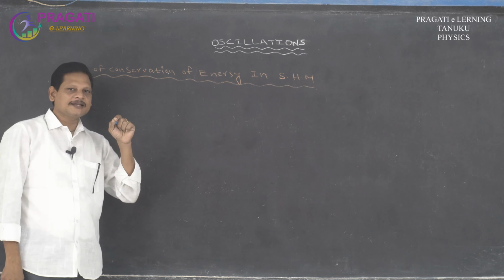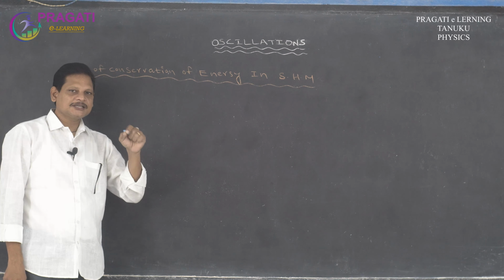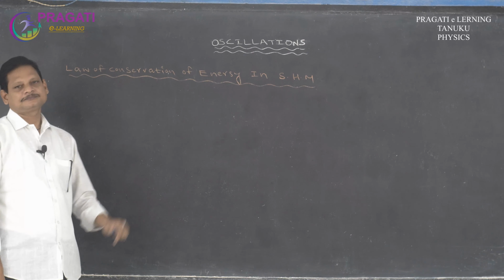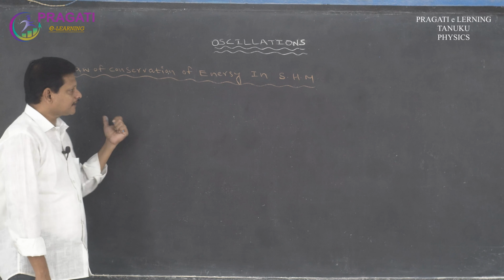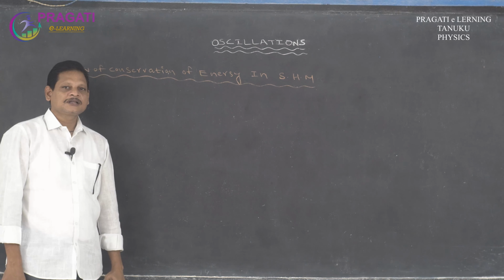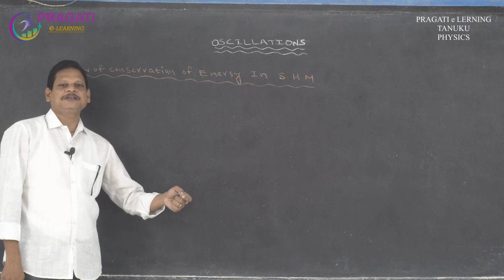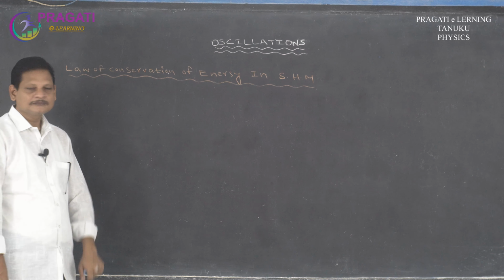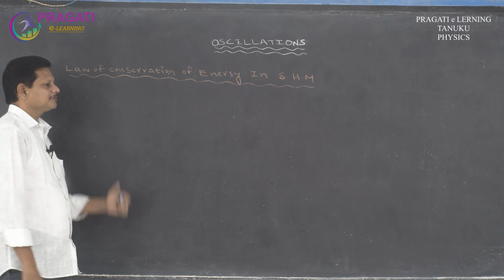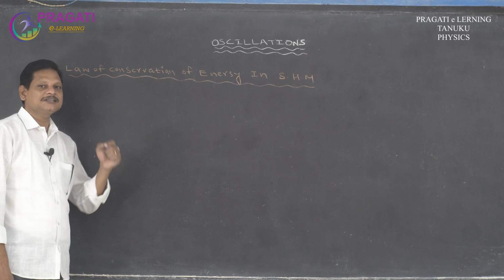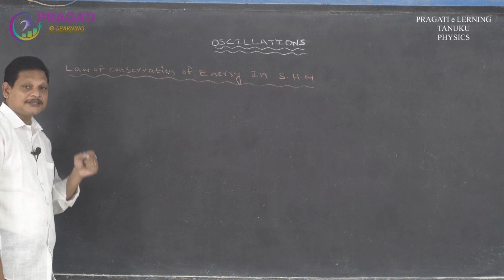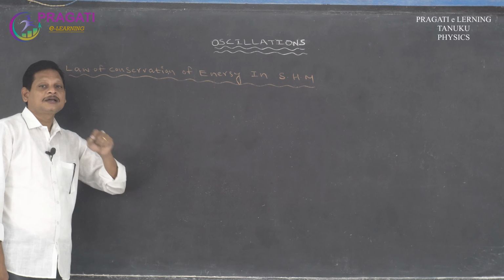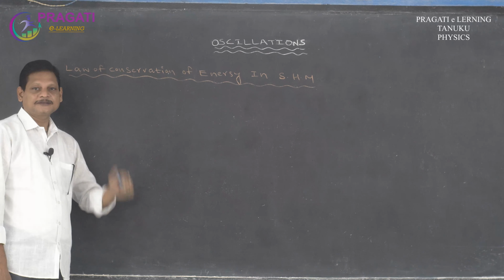The total mechanical energy in the system is constant if the internal forces are doing work and external forces do not do work. Also, law of conservation of energy states that the total energy remains constant anywhere, but it can be converted from one form to another form. So here also in the case of simple harmonic motion, the energy is conserved. That is, potential energy plus kinetic energy is constant at any point in the oscillations of a particle.